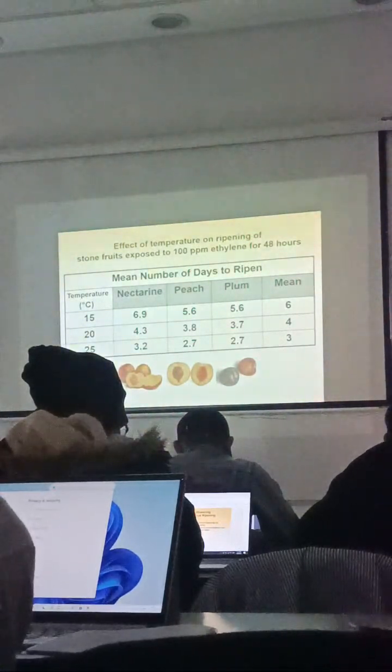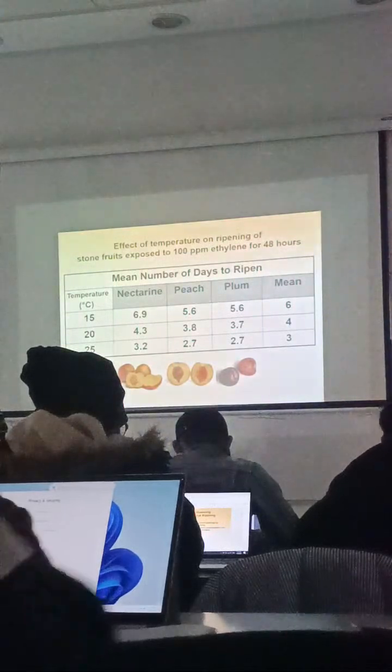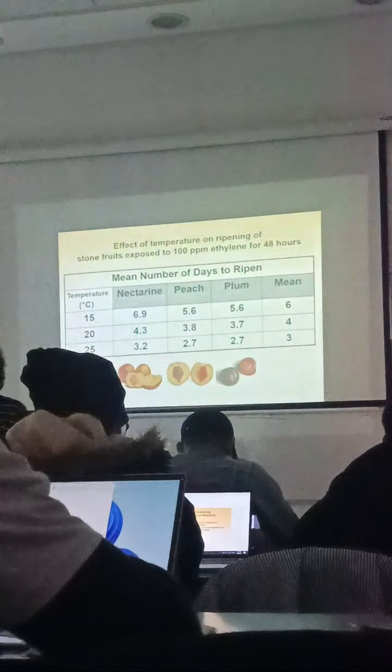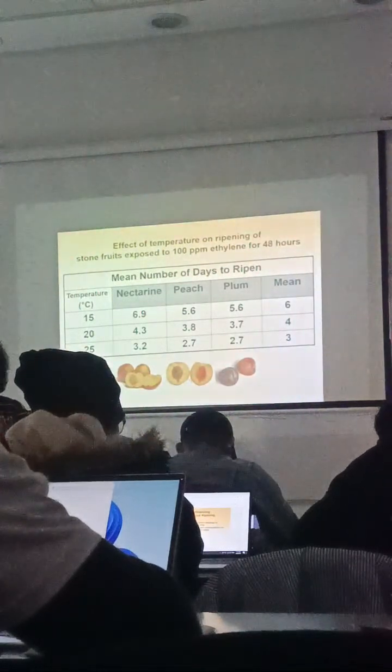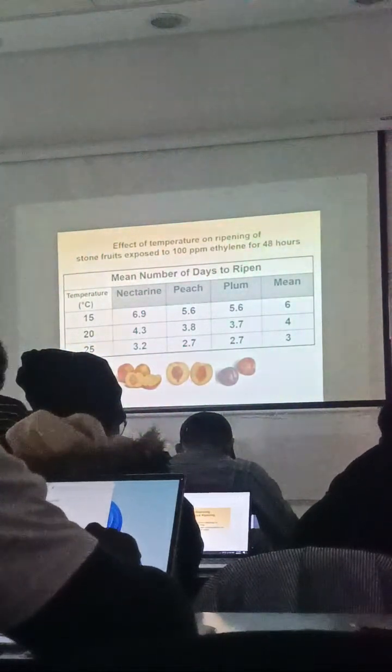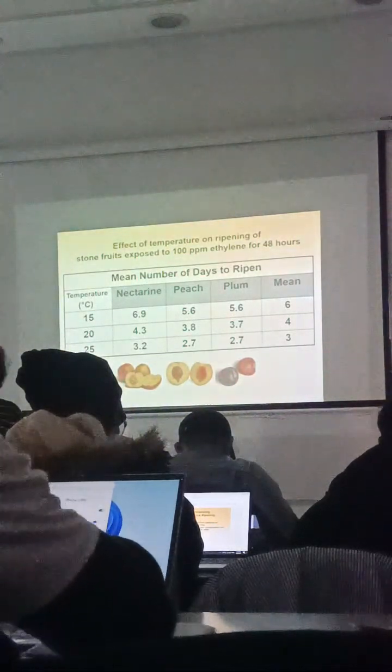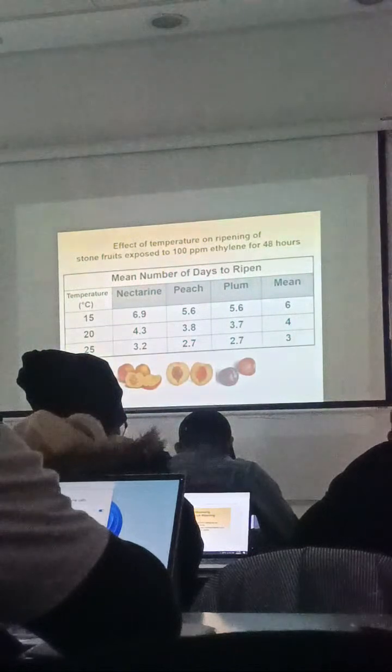You understand? Yes. Like this, we control the marketing. We are controlling the marketing by the different temperatures. Another way to control the marketing is by changing the concentration: not 100 ppm, we can give 10 ppm.